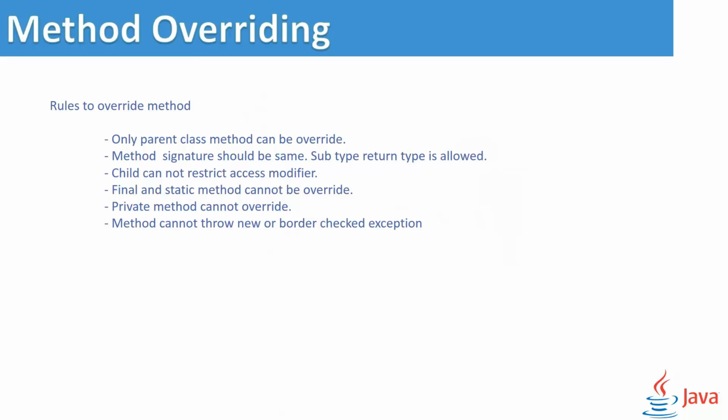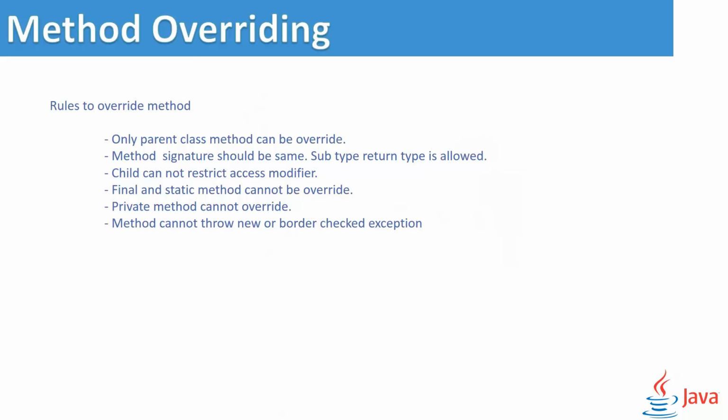Now let's try to understand how we can achieve method overriding in Java programming. When a child class creates a method having the same signature, that is called method overriding. It has some rules. Let's talk about that.